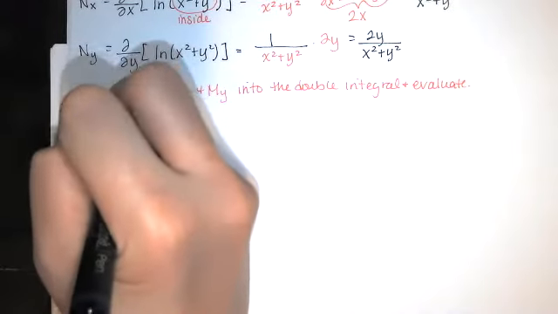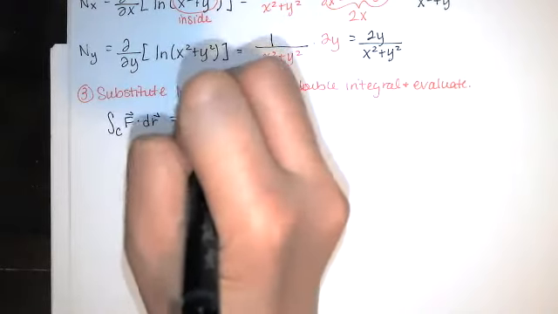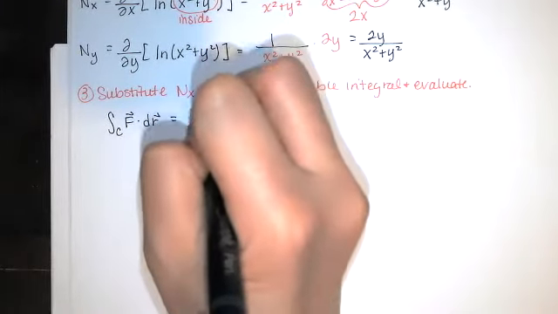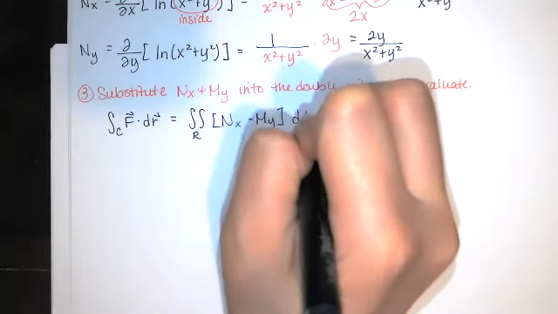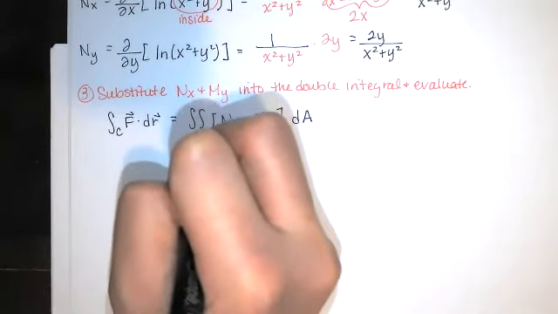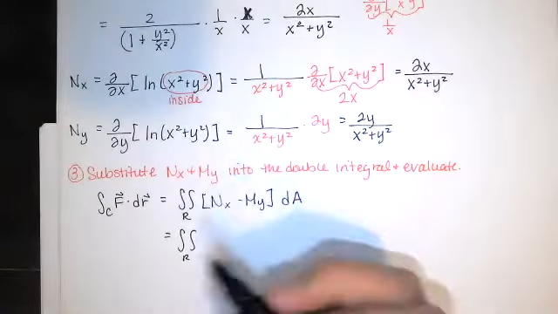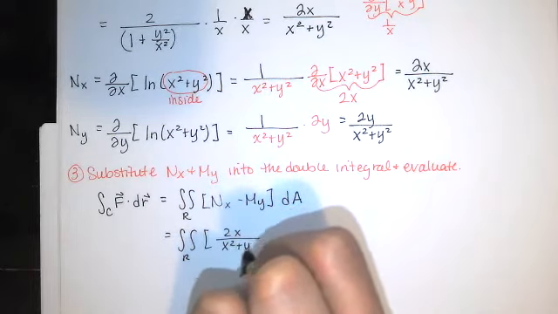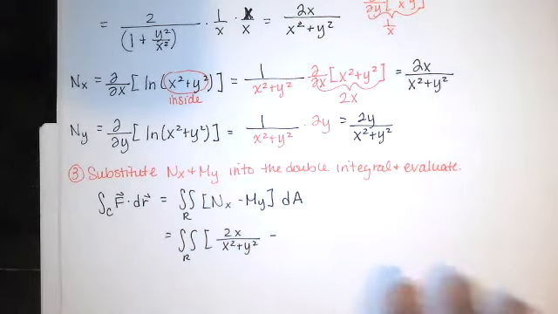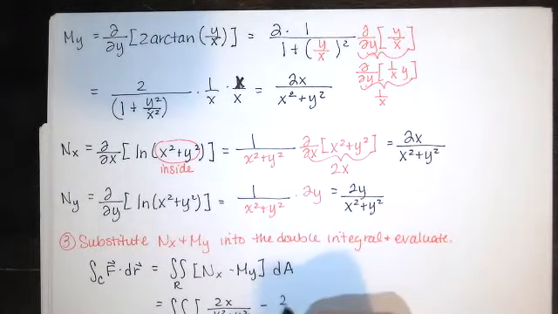So according to Green's theorem, this integral is equal to this integral. But watch this. The partial of n with respect to x is 2x over x squared plus y squared. And the partial of m with respect to y is 2x over x squared plus y squared.